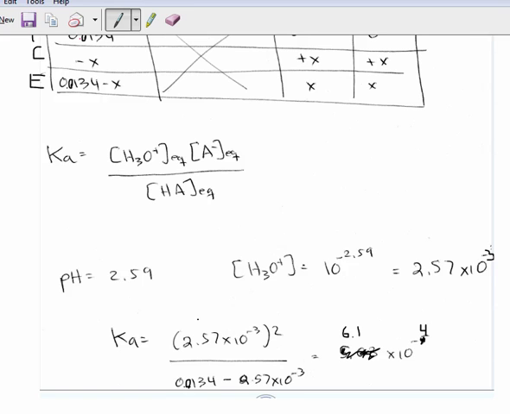So when they're multiplied together, that's the same as squaring. And then my acid is the original concentration minus X, which we've already determined is 2.57 times 10 to the minus 3. So when I let my calculator do the math here, I get 6.1 times 10 to the negative 4 as the Ka value.